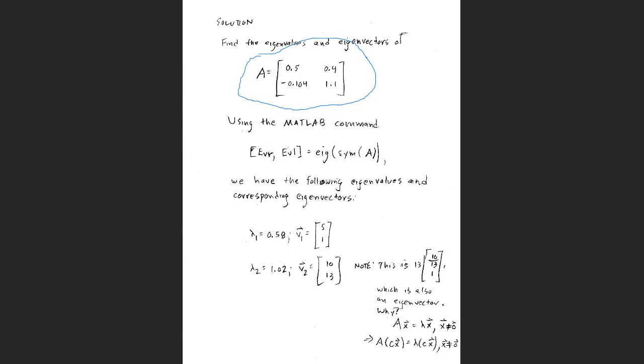The eig command of A will get us nice looking eigenvalues and nice looking eigenvectors, and it'll store them for us. Given that command, these are your eigenvalues and eigenvectors for the matrix A. Let me give you a moment to catch up here.